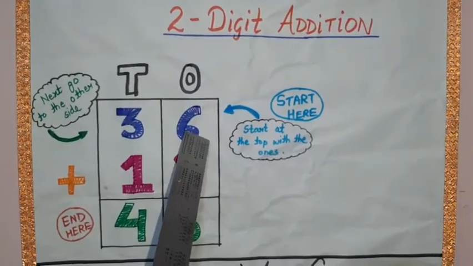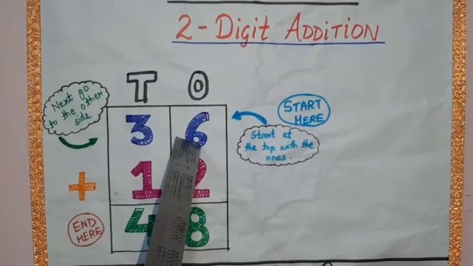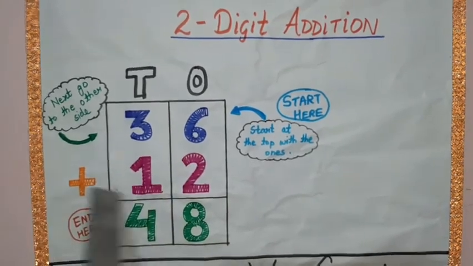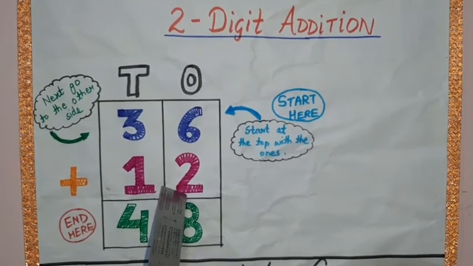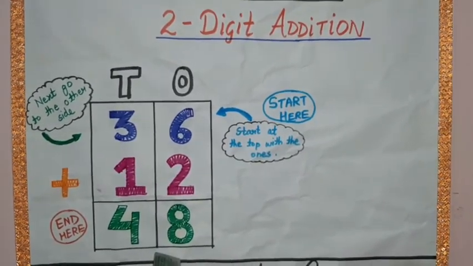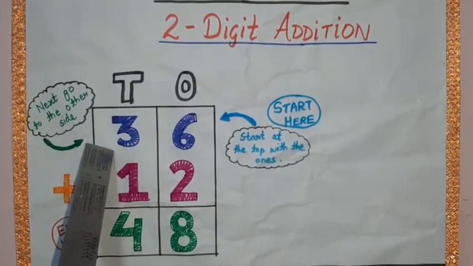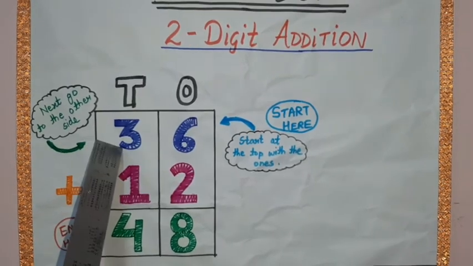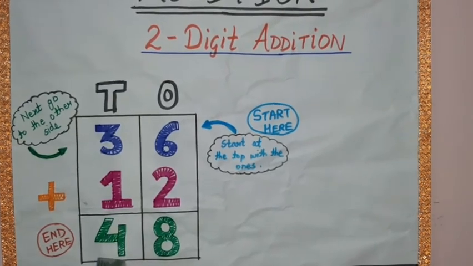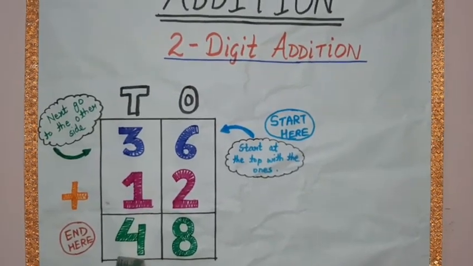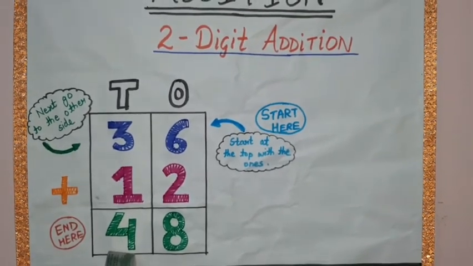We always start from ones place and from the top. So let's add 6 plus 2. What will come? 6 plus 2 will give us 8. Very good. Now, after that, we will move to the tens place. That is 3 plus 1. It will give us 4. Very good. This is how we will do the addition of two-digit numbers.